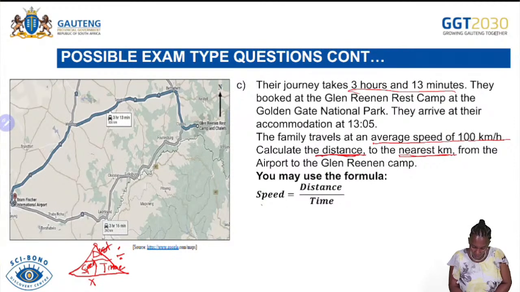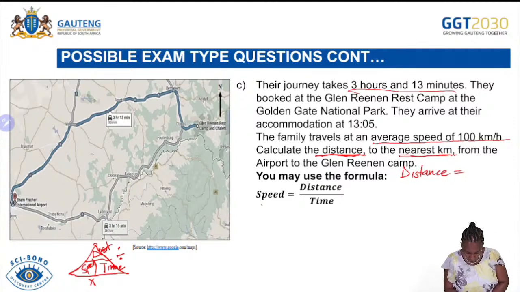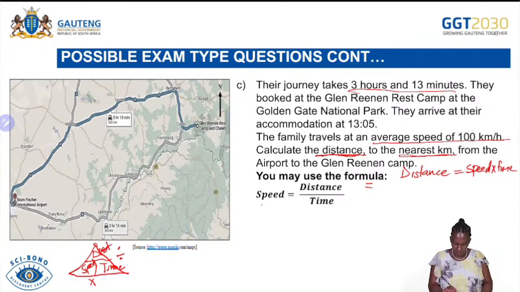Now if we want to know the distance, we are manipulating the formula. We say the distance is equal to speed multiplied by time. Distance is equal to speed multiplied by time. Now we go back to our question and substitute.